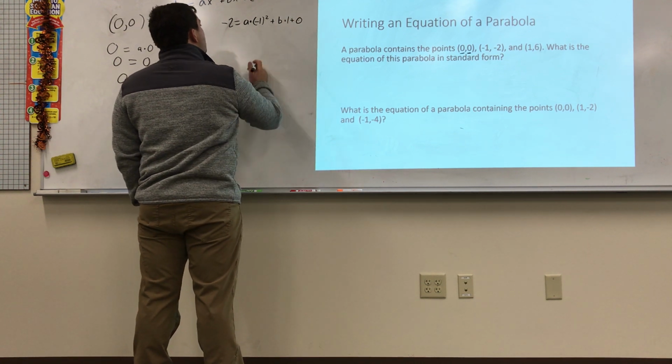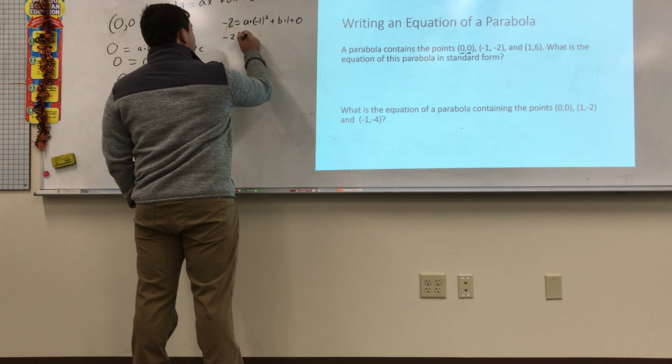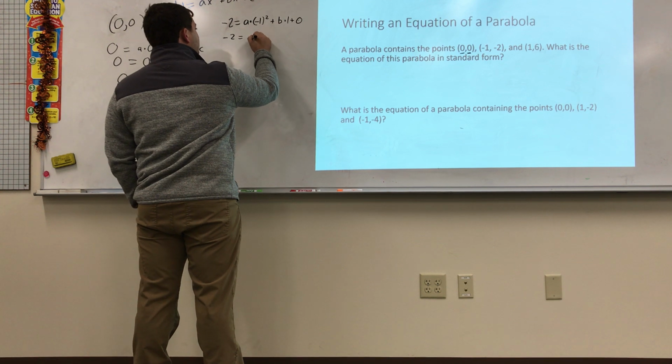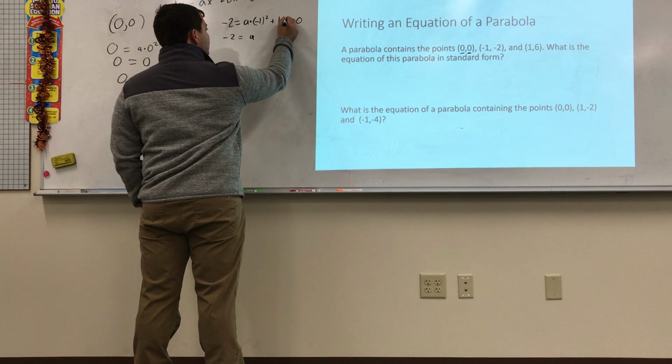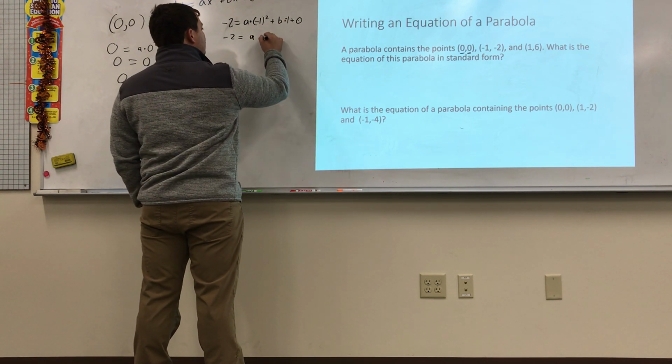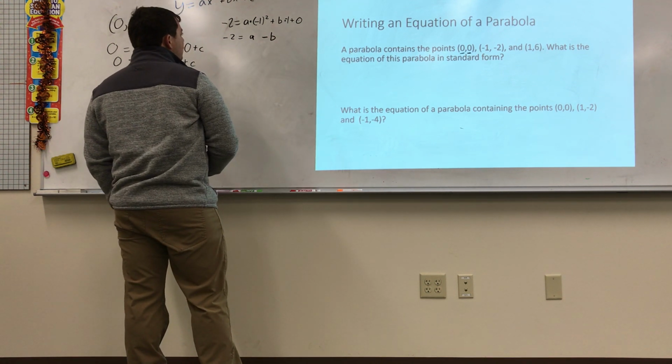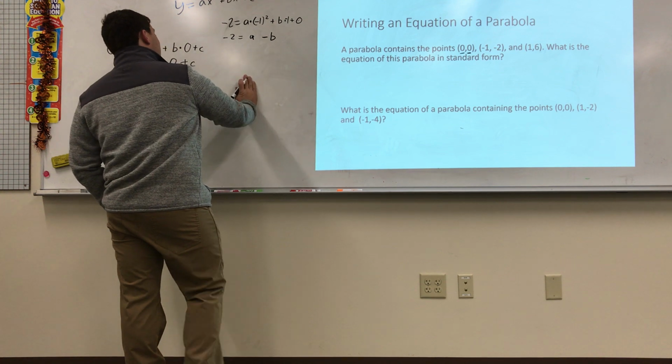You're going to get -2 equals... -1 squared is 1 times a, which just gets you a. This is -1, I almost made a mistake. Minus b equals that. Alright, can't really solve that any further.